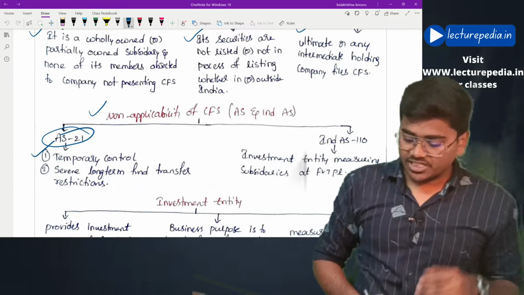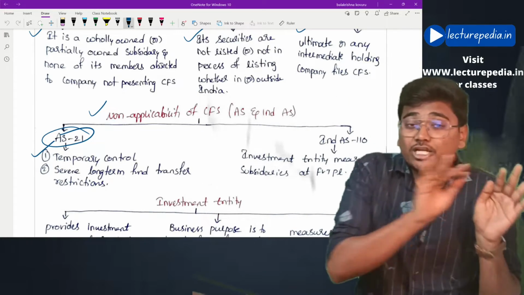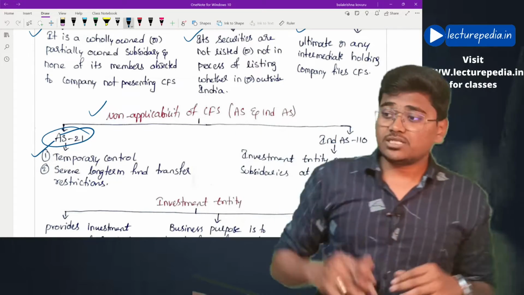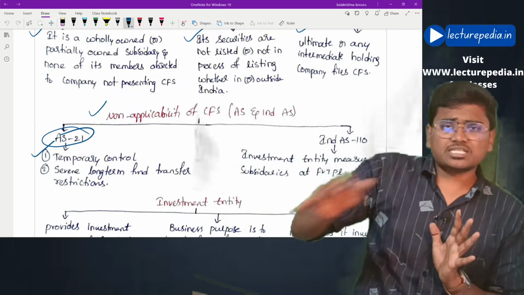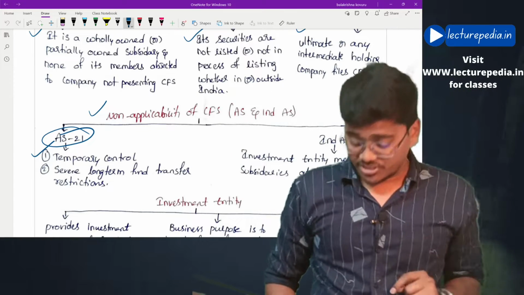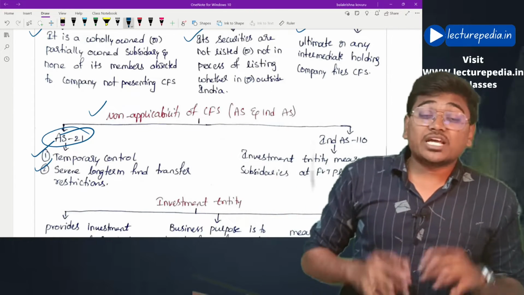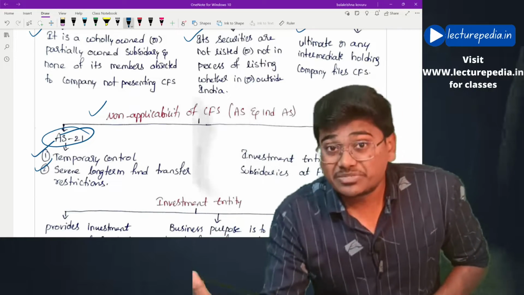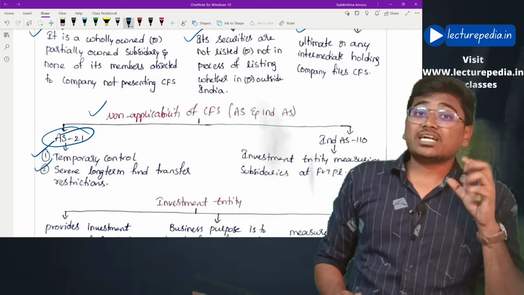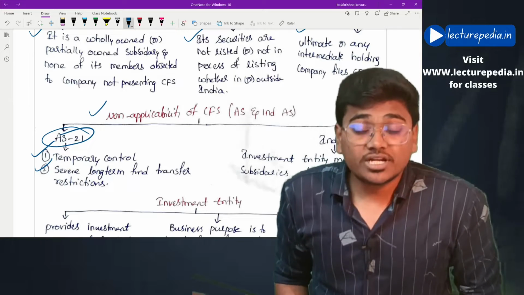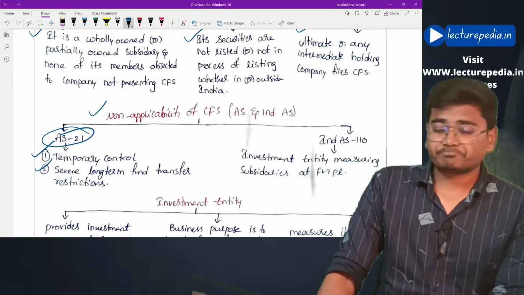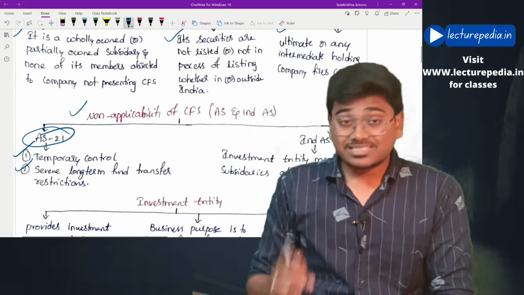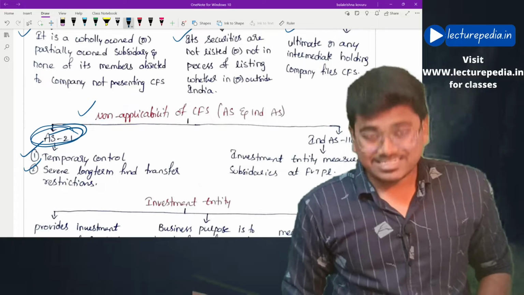If that is the intention, then such holding company need not prepare consolidated financial statements including such subsidiary. Hope this is clear. This is the first condition. Next, another condition: if there are severe long-term fund transfer restrictions on the subsidiary, even then the holding company need not prepare consolidated financial statements. Hope this is clear. This is as per Accounting Standard 21.